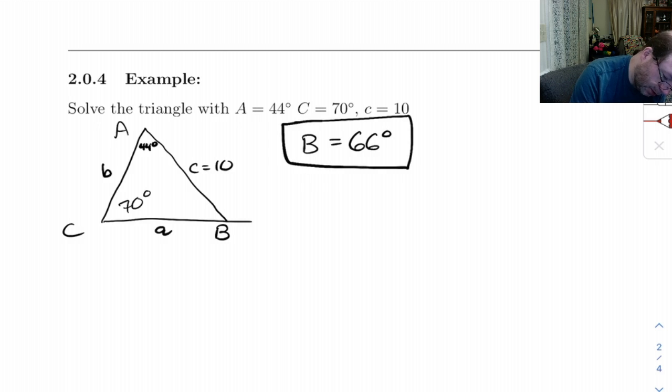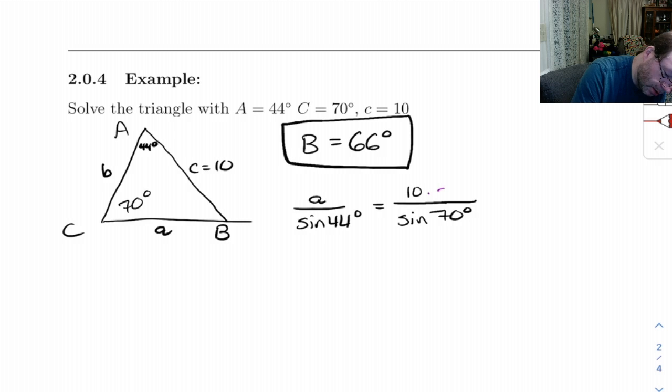Let's see, little a over sine 44 is equal to little c over sine C. So I got 7.39, so I'm going to round that to 7.4 for my little a.